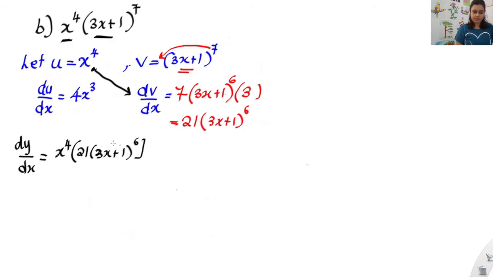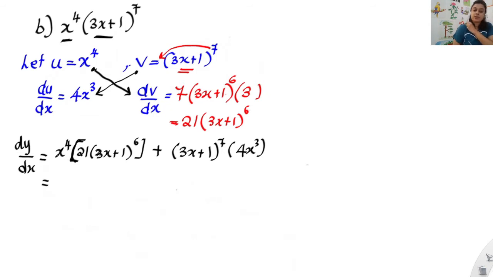Close bracket. Then plus, copy the v. Your v is 3x plus 1 power of 7. Then you need to copy the 4x cubed over here.